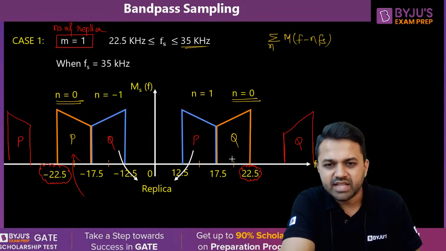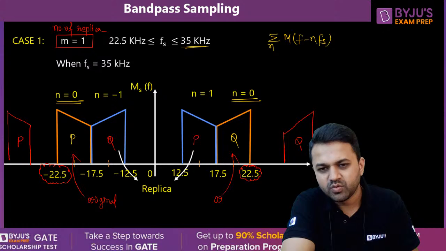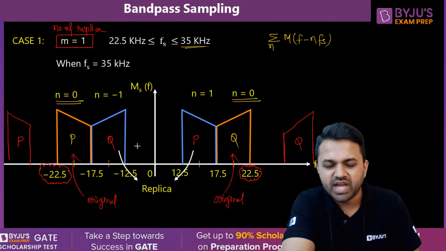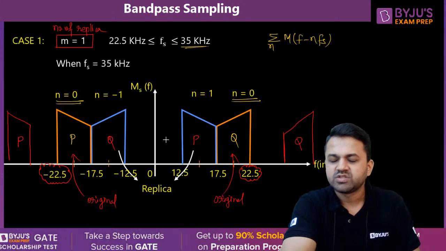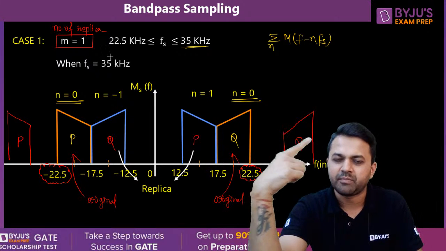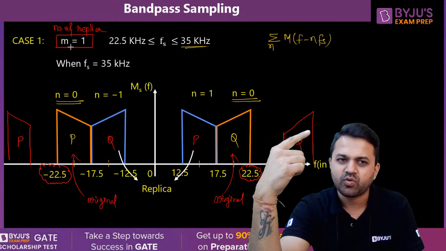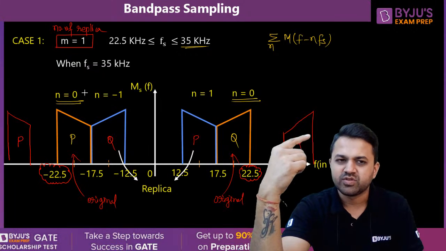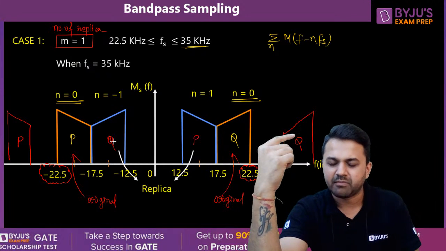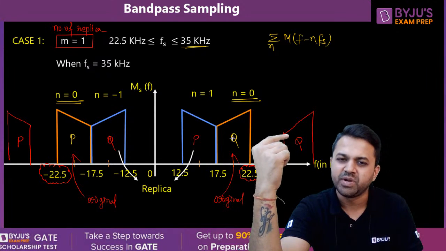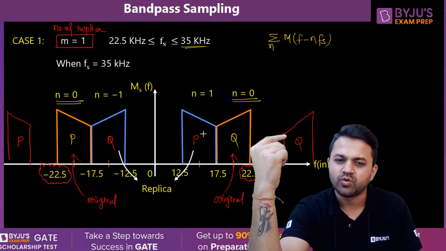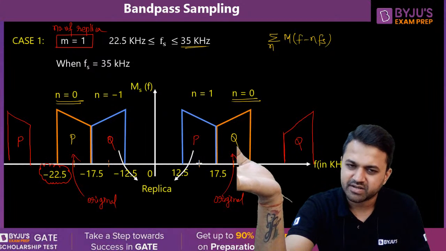This P and Q is the original spectrum, and in between it we have one pair of P and Q. So one pair of PQ means the number of replicas is 1, so m equal to 1. Because of m equal to 1, I am getting one pair of P and Q within the original spectrum.